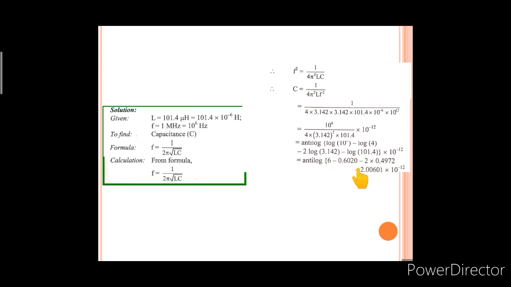So in the bracket we write the values of the log, and out of the bracket we write the anti-log of this bracket into 10 raised to minus 12. Then in the next step we calculate this subtraction and addition, and hence we are getting the value of the bracket as 2.3976.